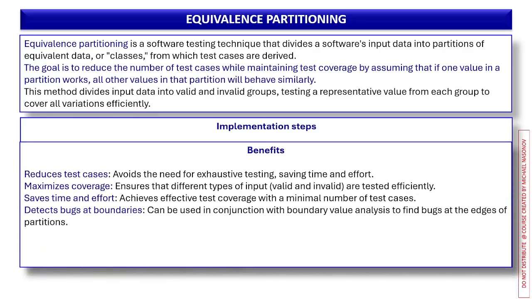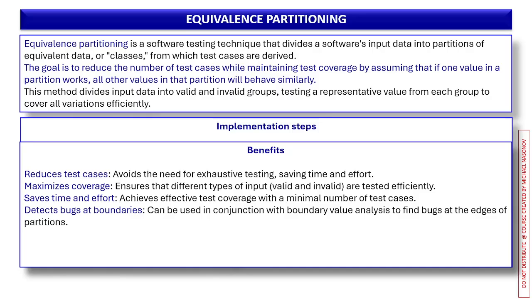What are the benefits of equivalence partitioning? Reduces test cases, avoids the need for exhaustive testing, saving time and effort. Maximizes coverage, ensures that different types of input, valid and invalid, are tested efficiently. Saves time and effort.